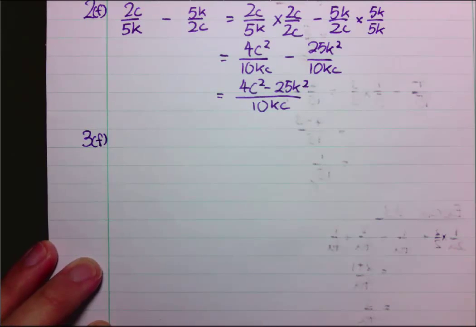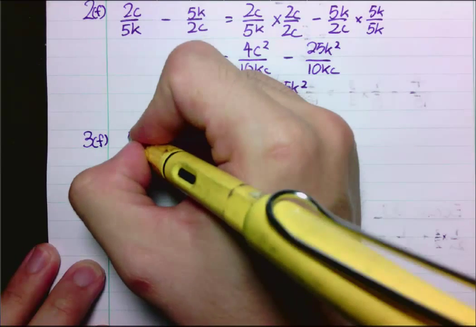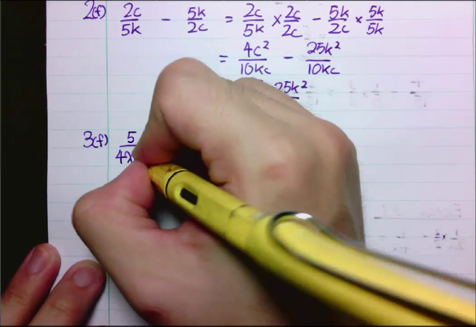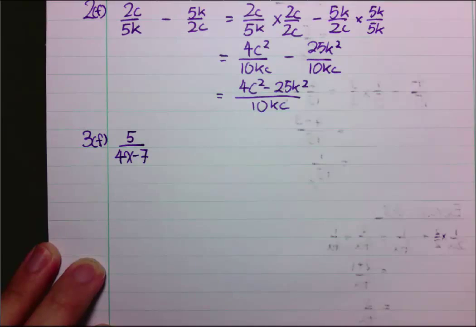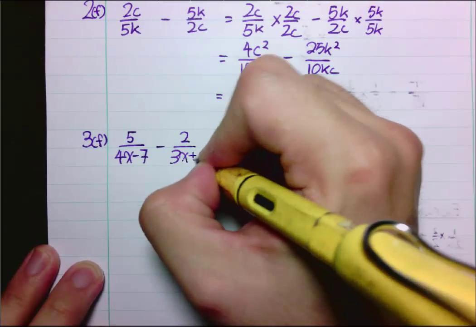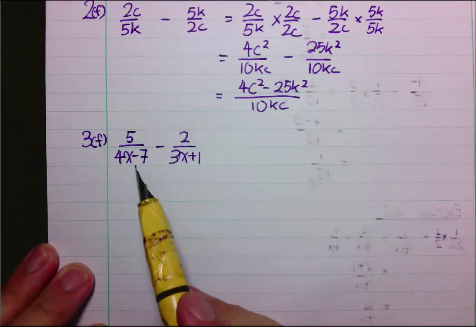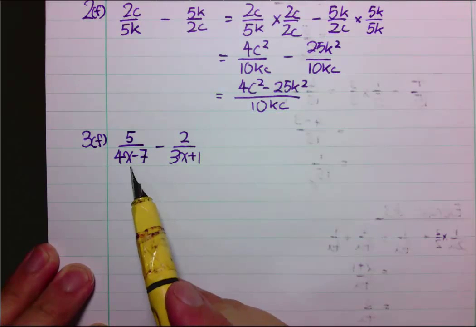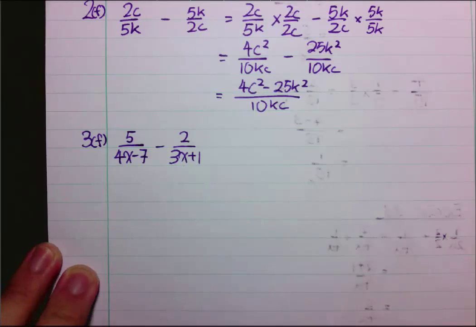Example 3f works like this: 5 over 4x minus 7, minus 2 over 3x plus 1. The lowest common denominator will be this term, 4x minus 7, multiplied by 3x plus 1.